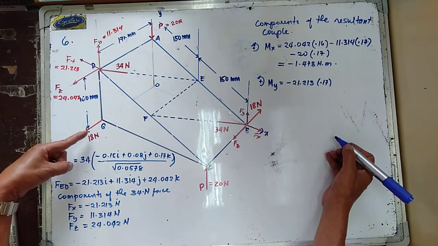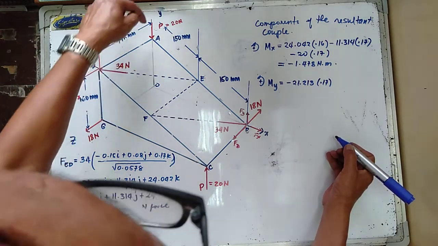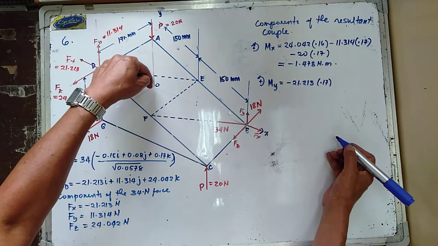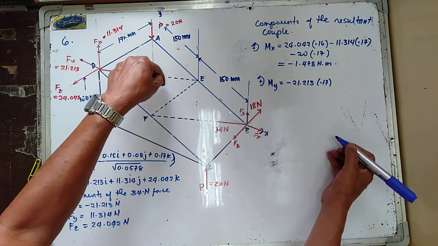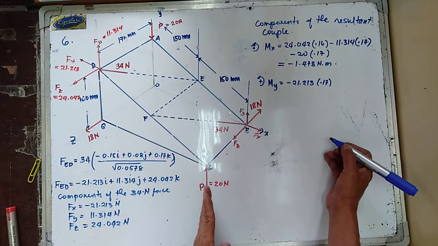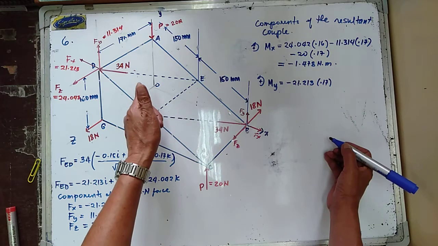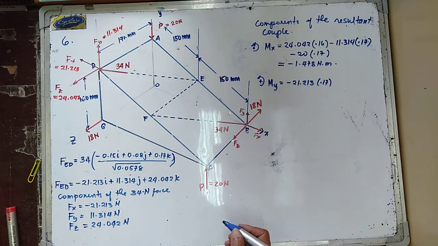The 18 in here intersects again the y-axis. Your P is along the y-axis, hence it has no moment. Your P in here is parallel to the y-axis, hence it has no moment.